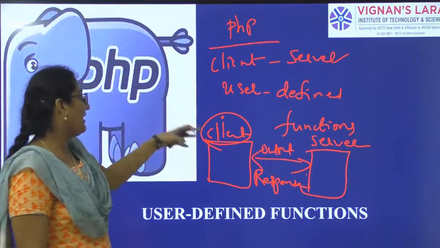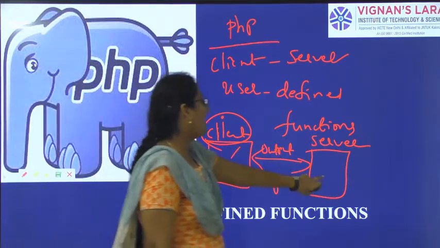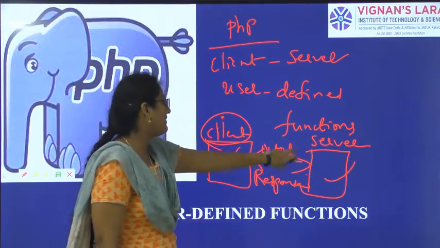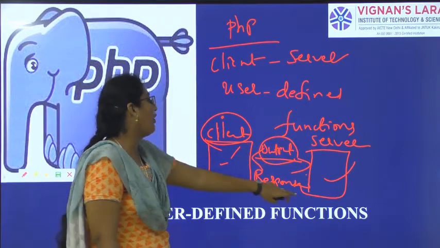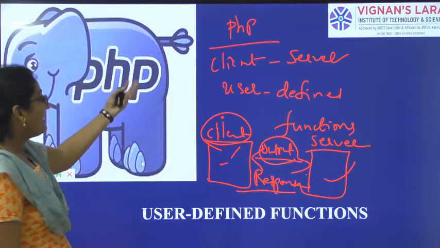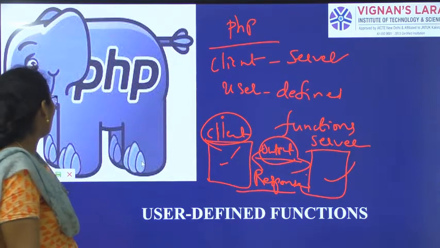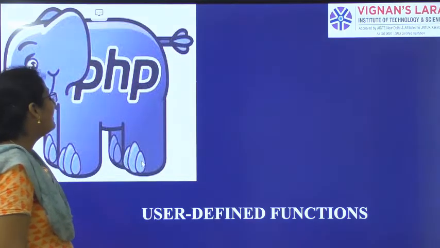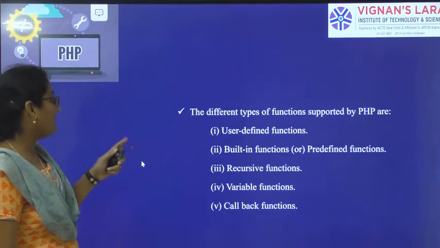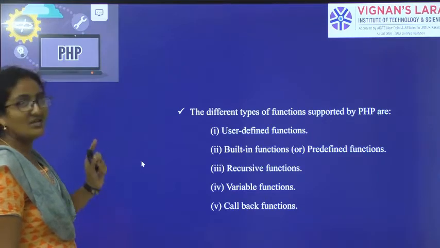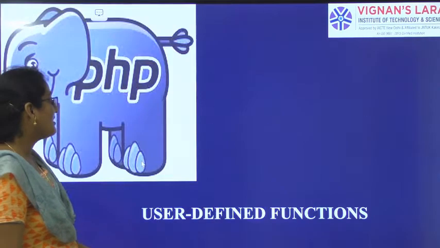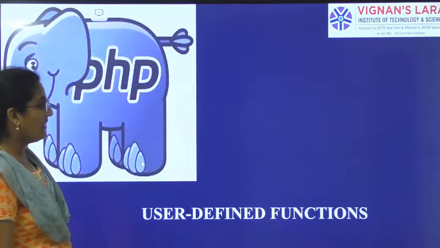In PHP we will have the client and the server also. The server will send the output to the client in the form of a response. If somebody defines functions there, those are user defined functions. So we have user defined, built-in, recursive, variable and callback functions, and the first one is user defined function.